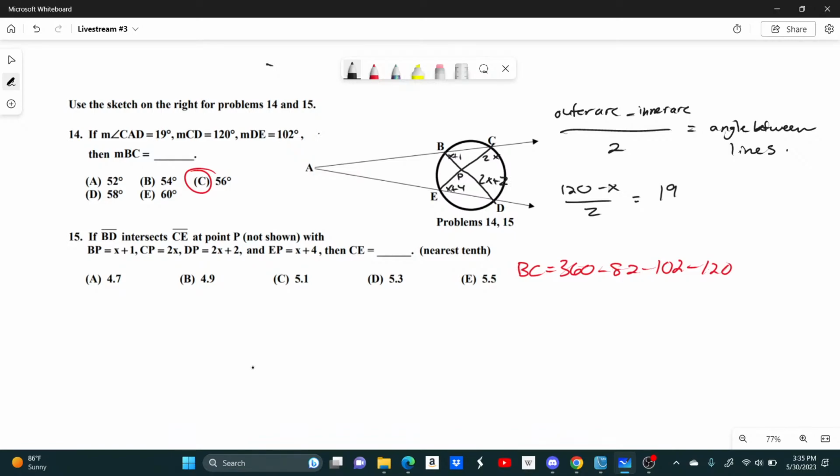Okay, so we can solve for x here using the power of a point formula, which basically says if you have two chords in a circle that intersect, the product of the opposite segments of each other will end up being equal. So this is an example with numbers to make it a little bit nicer. So let's say, okay, this isn't to scale.